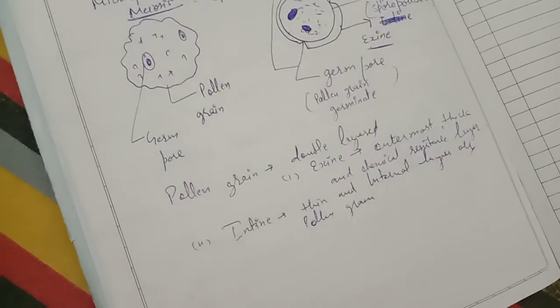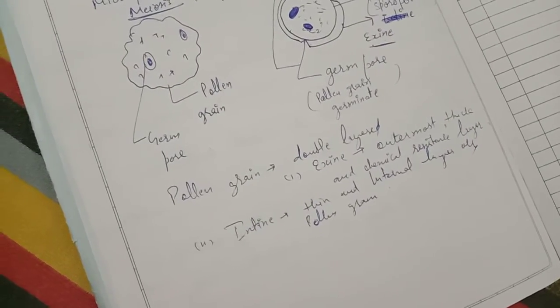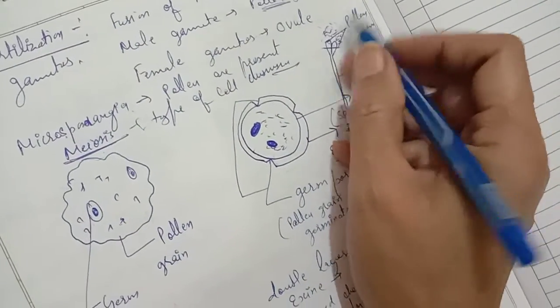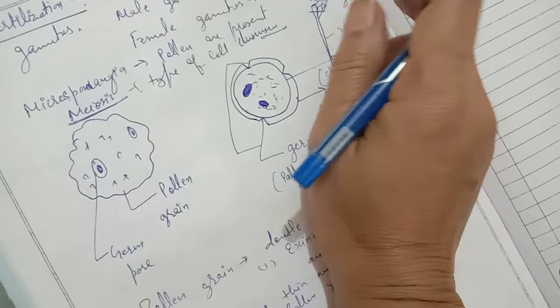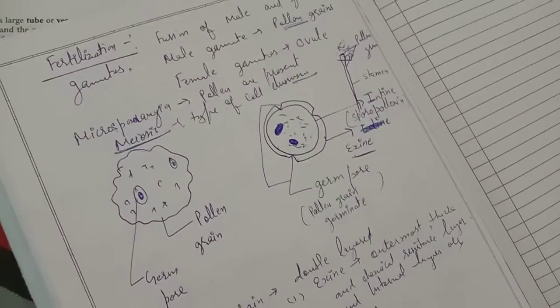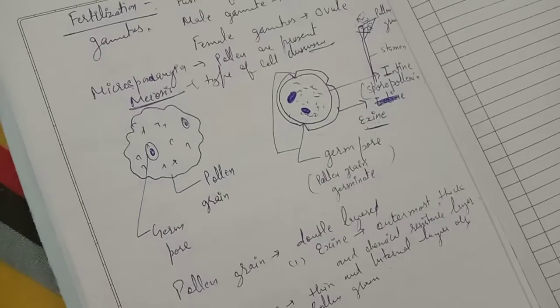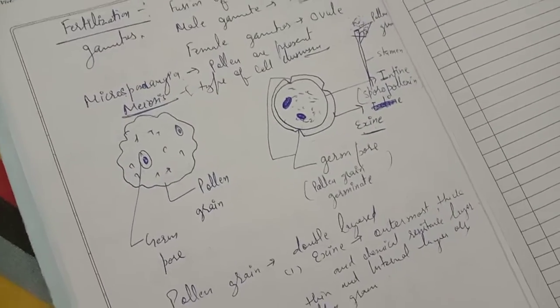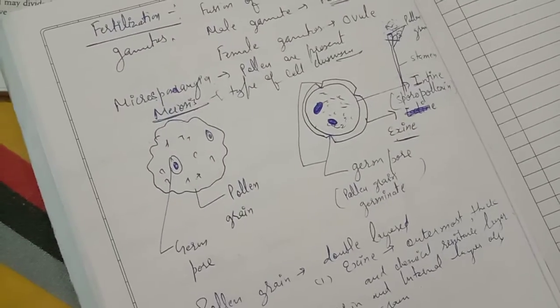Then they come out from the microsporangia, and the insects come here and sit, and the pollen sticks to the body of the insect and is transferred. With the help of wind, water, and insects, they pass from the anther to the stigma.